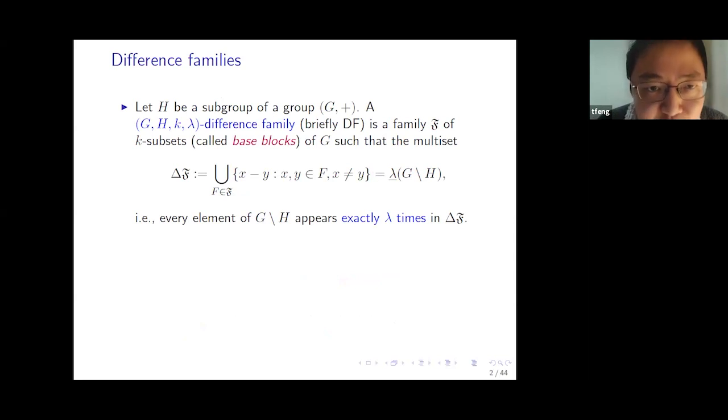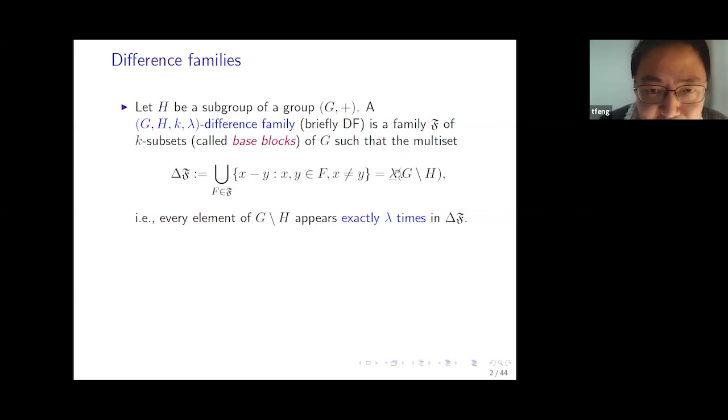Let G be a group. For convenience, we use plus as its operation, but the group is not necessarily abelian. Let H be a subgroup of G. A difference family is a family of k-subsets of G. This family, we use script F to denote it, such that the multiset ΔF consists of differences coming from all possible pairs of distinct elements of these k-subsets.